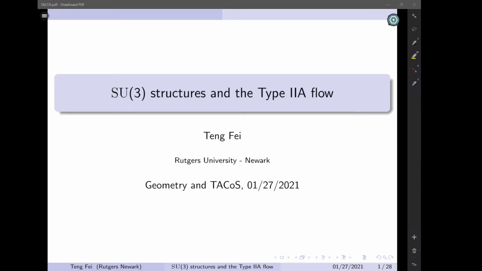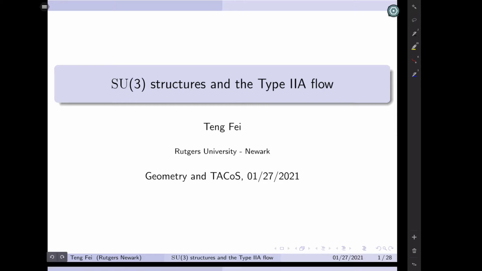The talk I'm going to present today is about SU3 structures and the Type IIA flow. As we know, the theme of this tacos session is geometry and physics of non-Kähler Calabi-Yau manifolds. And a great motivation for Calabi-Yau manifolds actually comes from string theory.